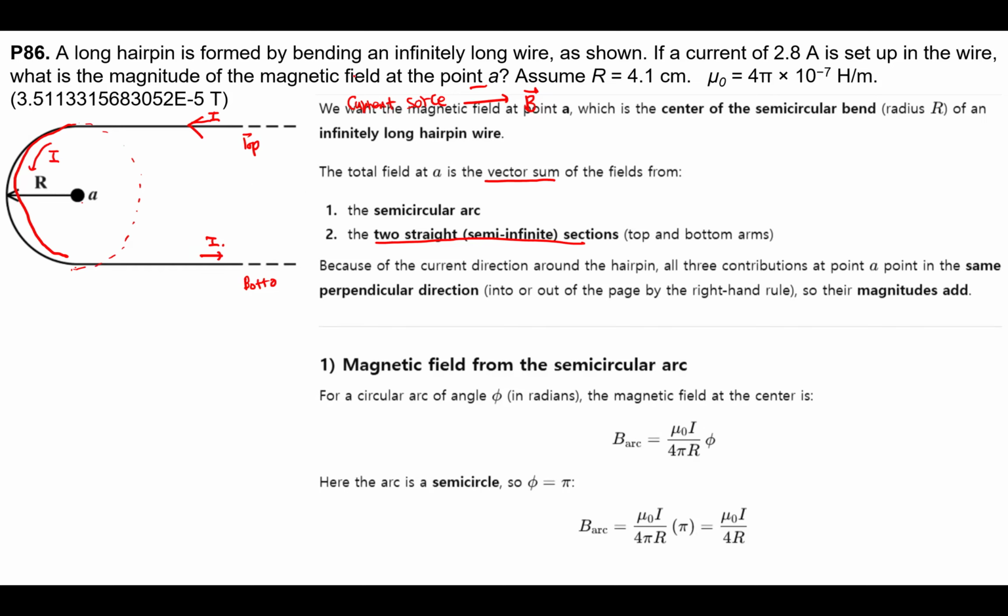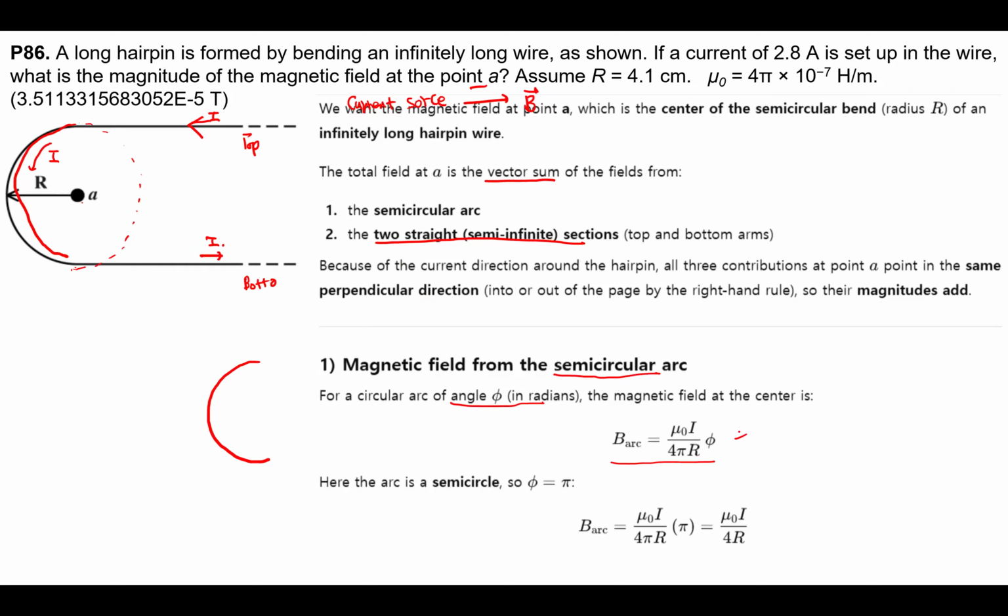Okay, so now let's look at the magnetic field from the semicircular arc. Semicircular arc, and we want to find the magnetic field here. Okay. Semicircle arc angle phi in radian, the magnetic field at the center is given by this one.